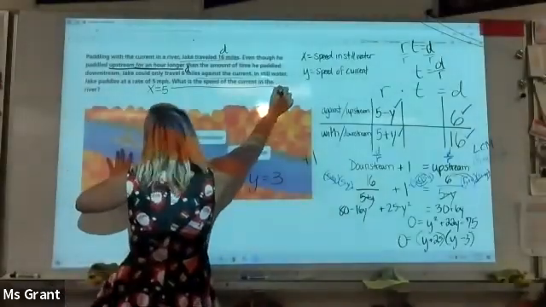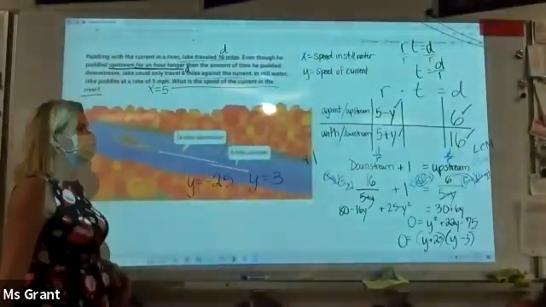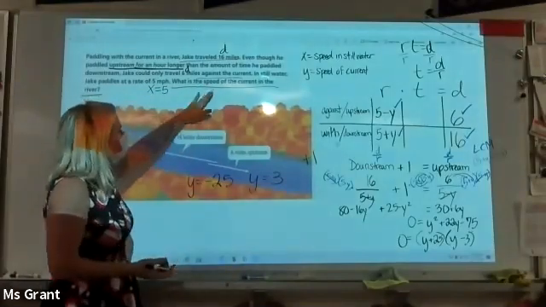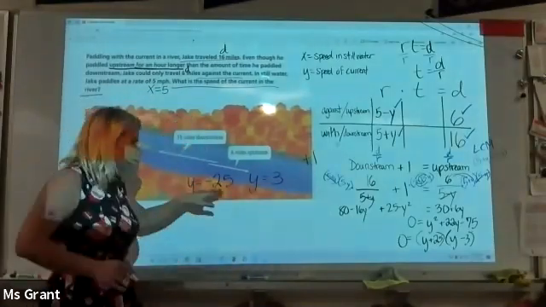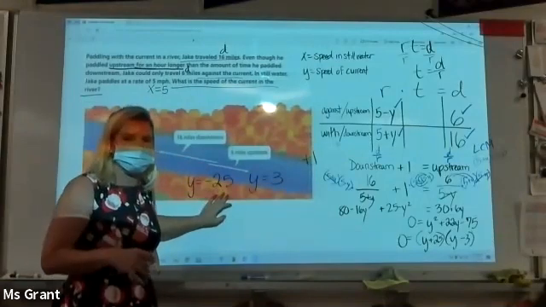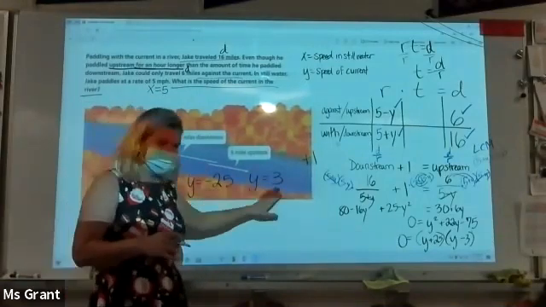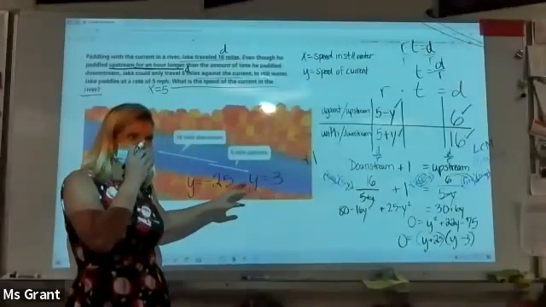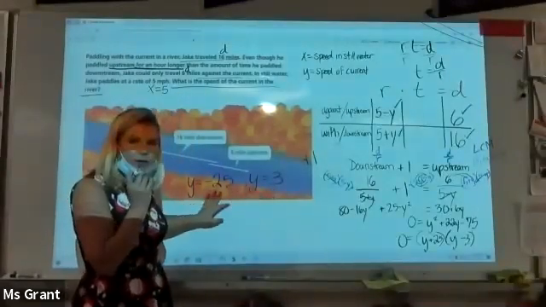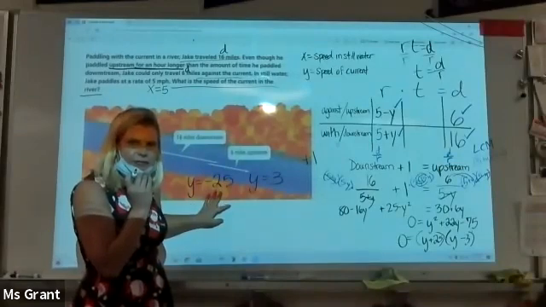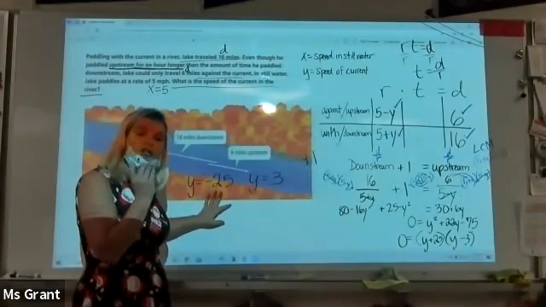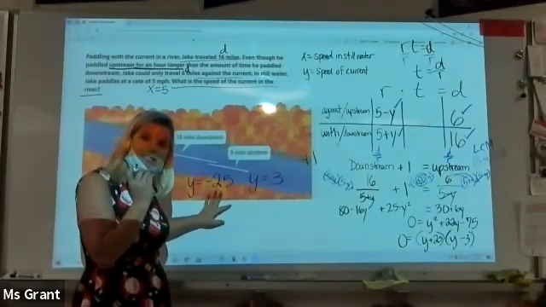What is the speed of the current in the river? You have to know what question you're being asked. Speed of the current, ready? The speed of the current is negative 25 miles an hour. The speed of the current is 3 miles an hour. Have you ever seen a river flow negative 25? Negative speed. And 25 miles an hour. Do you guys know what would happen if there was a river flowing 25 miles an hour?